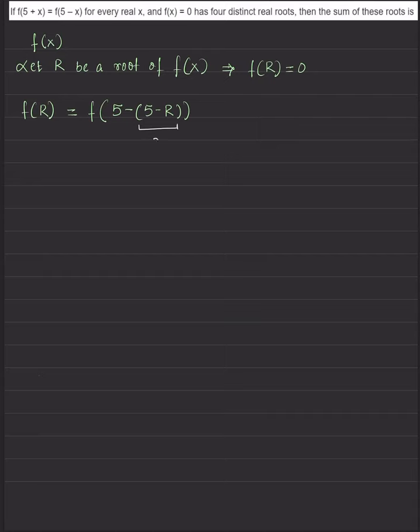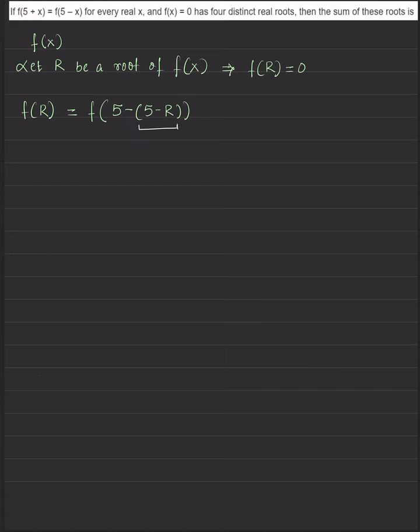Now I know f of 5 minus x is as good as f of 5 plus x. That means whenever I have a minus sign in between 5 and an input x, it will have the same value as 5 plus x.